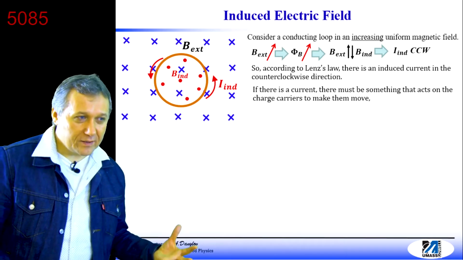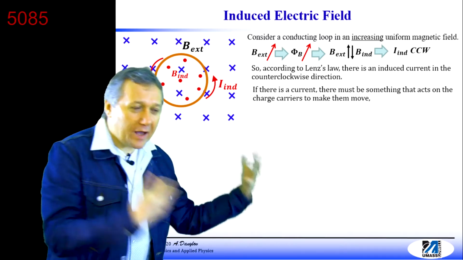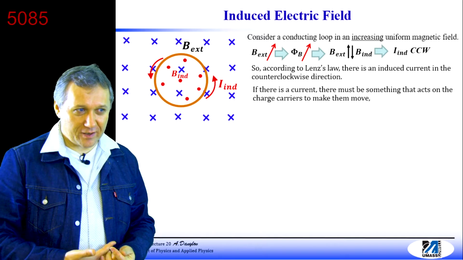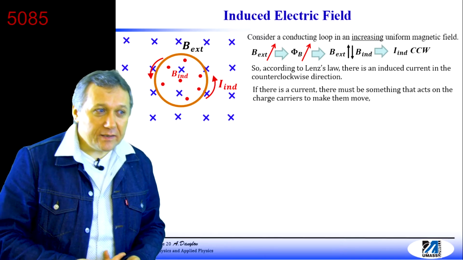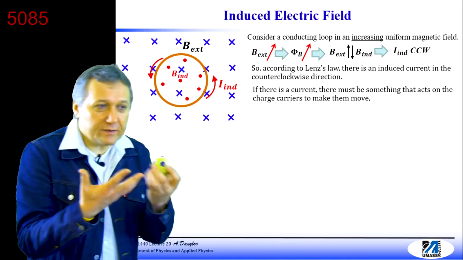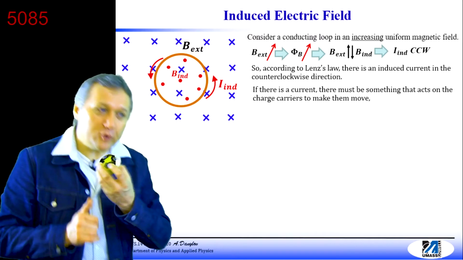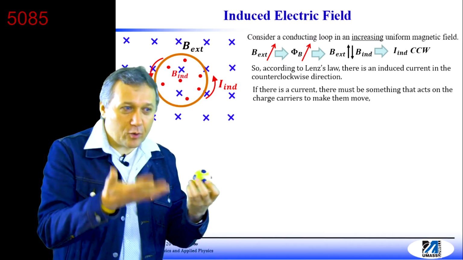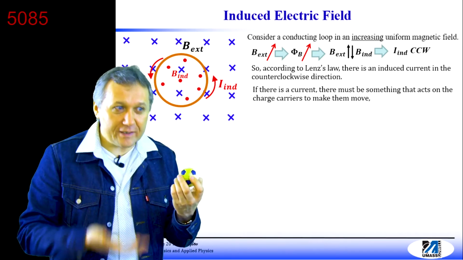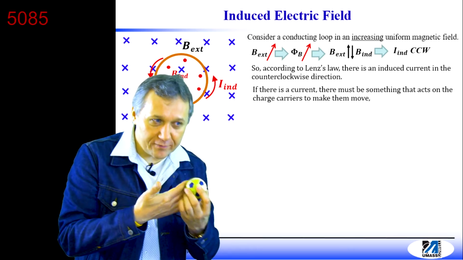So what else must be applied in order to get current in the conductor? Electric field. Electric field must be there, because what is effectively a current? Current is a drift of charges. Charges drift if you push them. In our case, what do we use to push these charges? Electric force. Electric force can appear only if there is an electric field, right?